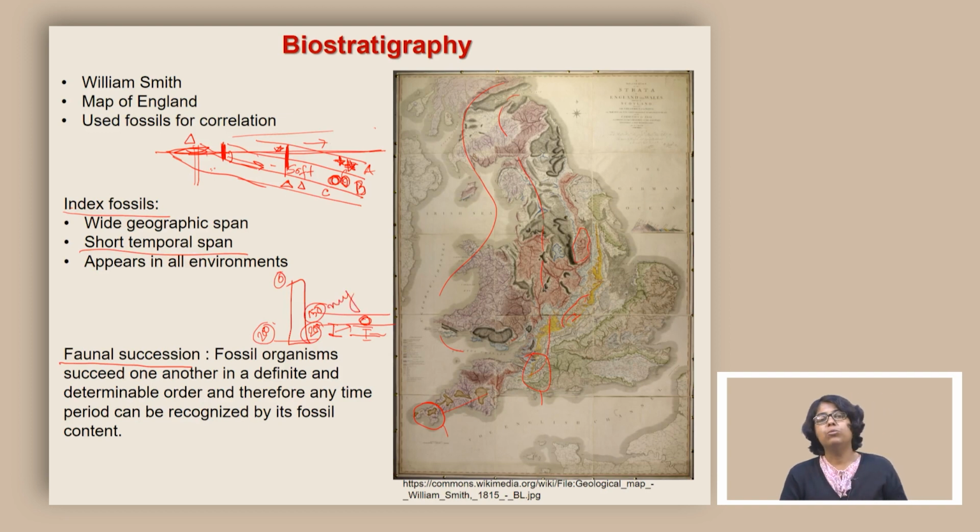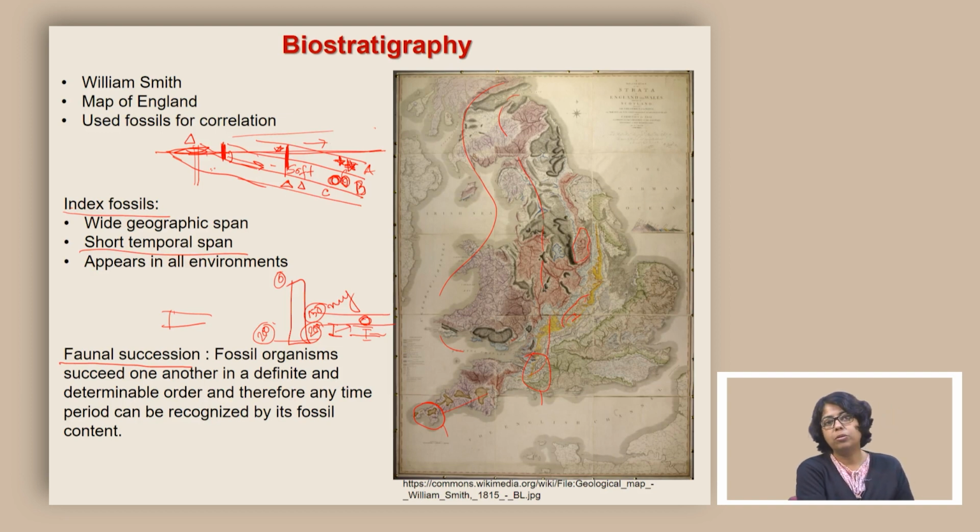But what they found was there are some fossils which are appearing in relatively smaller sections of the rock, smaller thicknesses of the rock, and then there are other fossils which are found in different layers. And they decided that if there is a fossil which is found in a shorter interval in only one layer of the strata, it is more reliable than the fossils which appear in multiple layers through time.